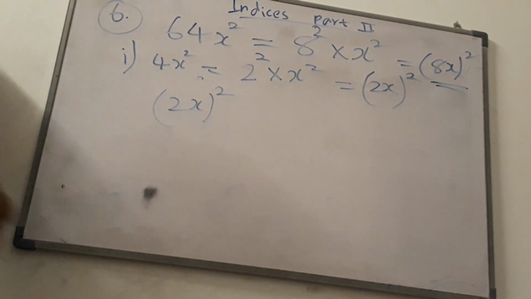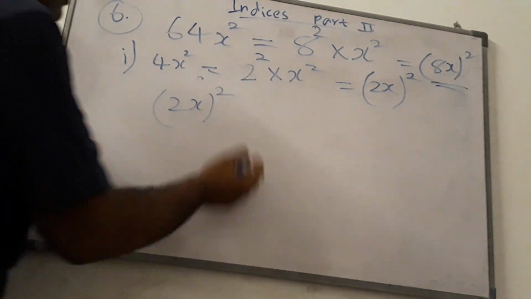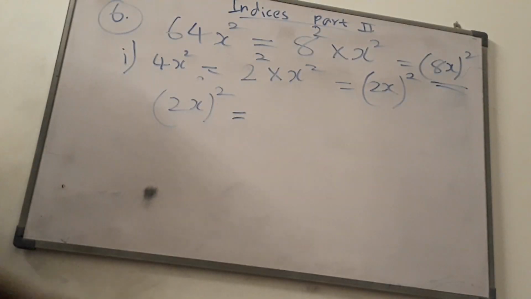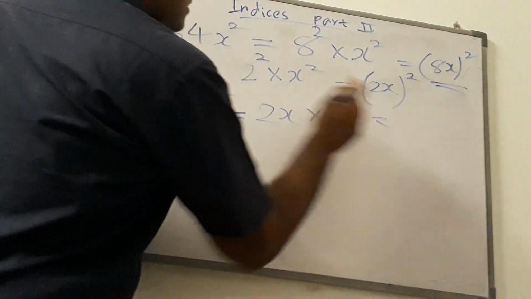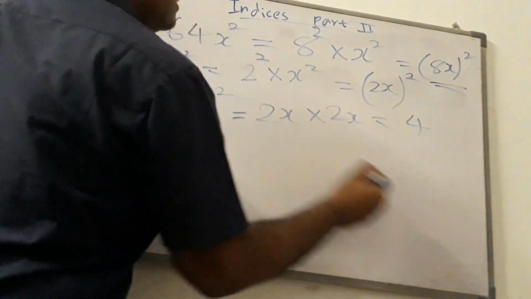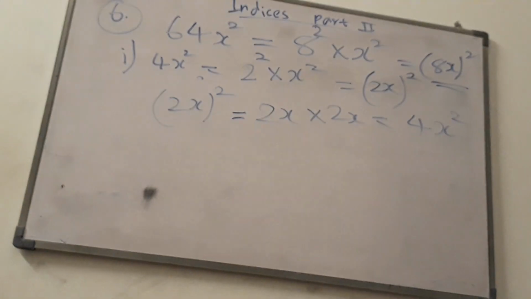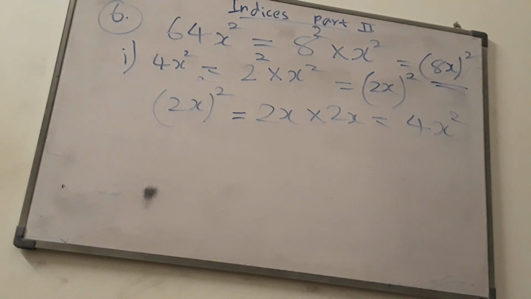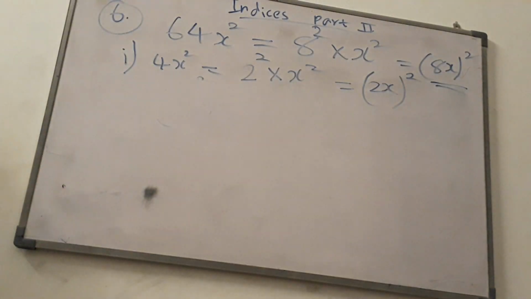Now we will check whether 2x altogether to the power 2 is equal to 4x squared or not. 2x altogether to the power 2 means 2x times 2x. 2 times 2 is 4, x times x is x squared. We get the same answer. That means 4x squared can be written like 2x altogether to the power 2.